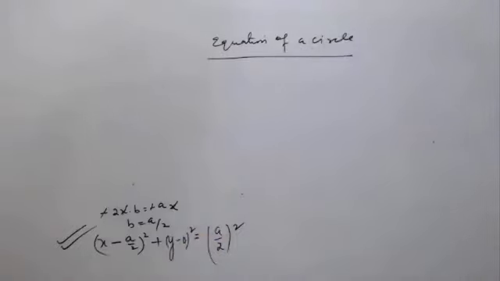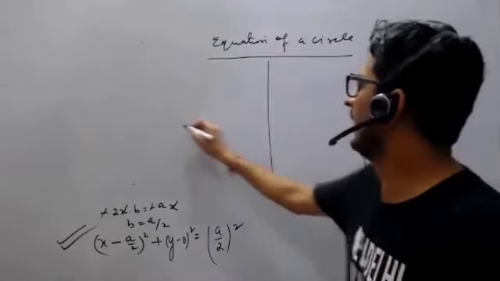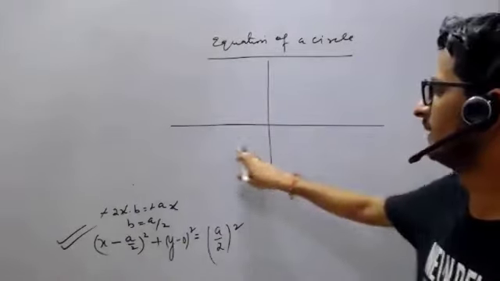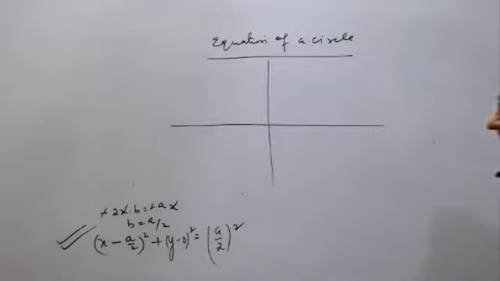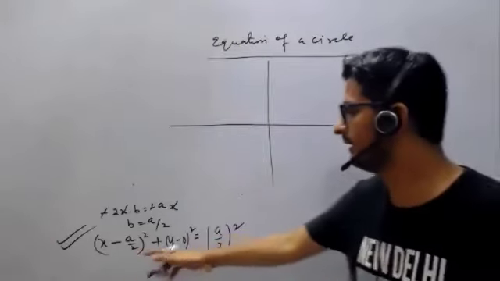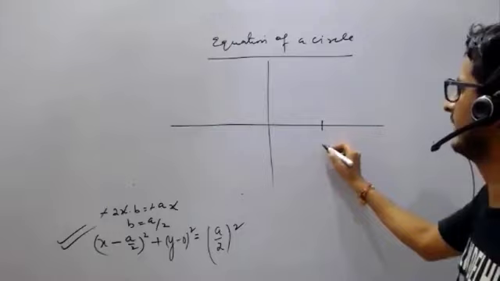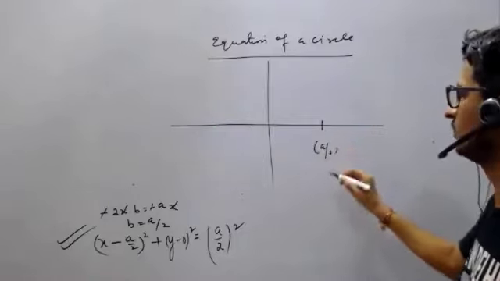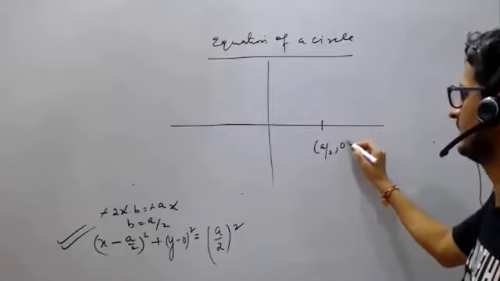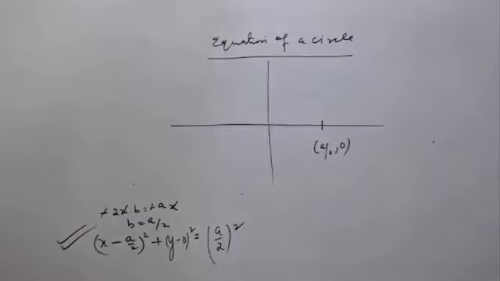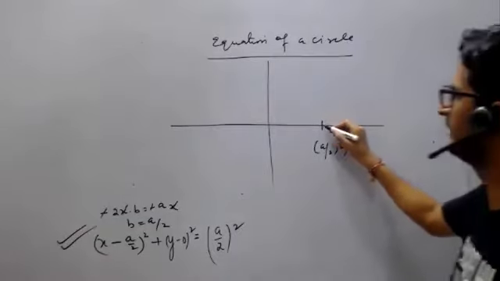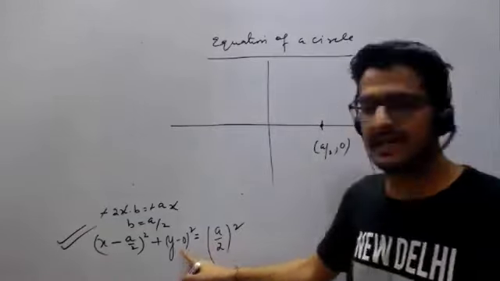I can write it like this. So I have to plot this. So suppose I see the center of the circle, that will be here, say a by 2 comma 0. This is the center. Why here? Because y is 0.